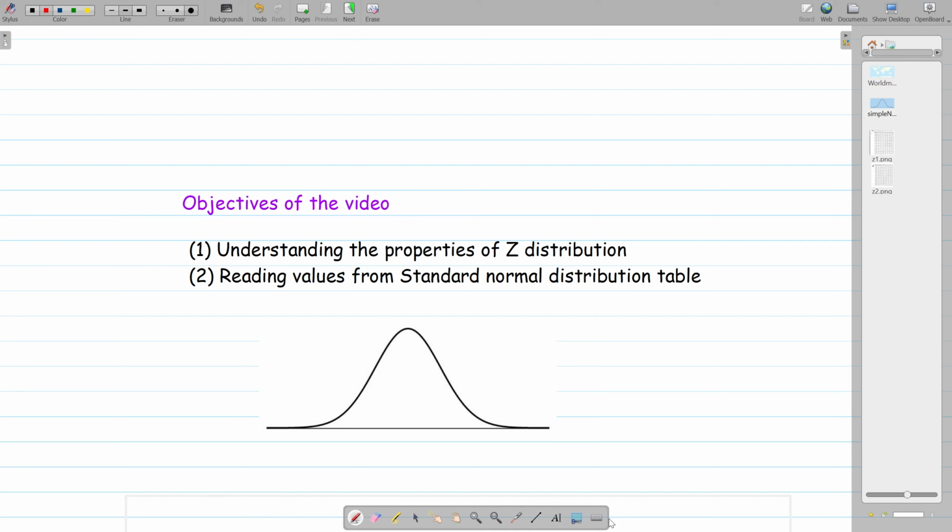This is the shape of the normal distribution, and there are many examples that we can get as normal distribution, just like when you measure the height of males in a particular state. You will have different height values.